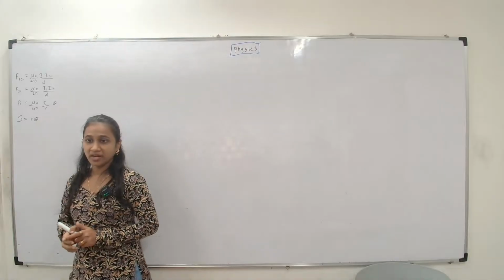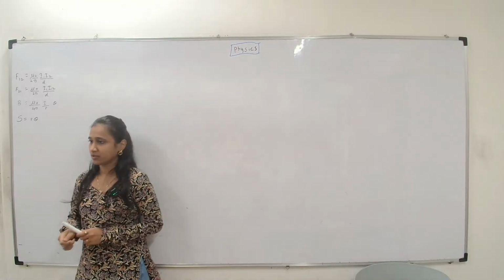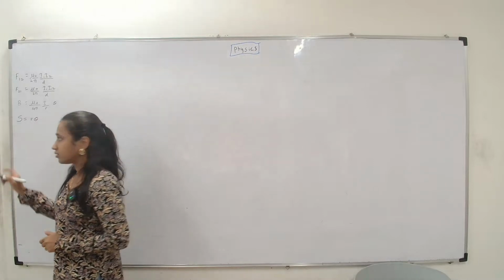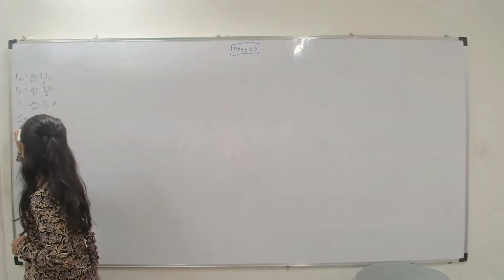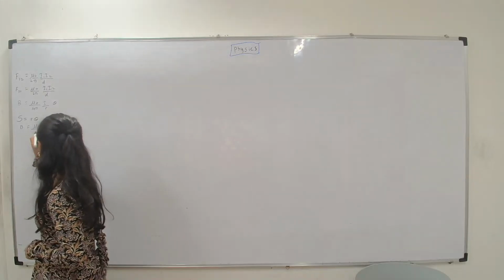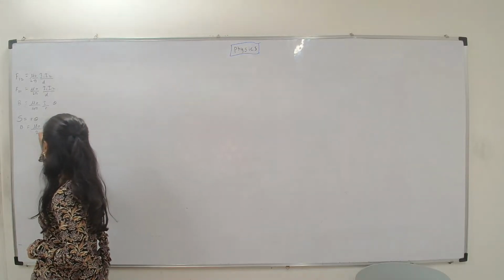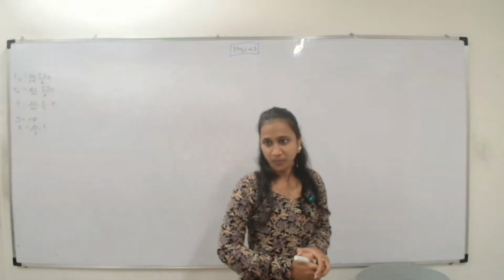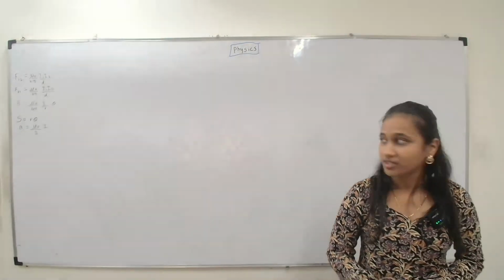If you bend the given wire into the whole circle, this theta will become 2 pi. 2 pi will get cancelled. So magnetic field will be mu naught upon 2 R into I, because 2 pi will get cancelled. This is your equation 10.49.